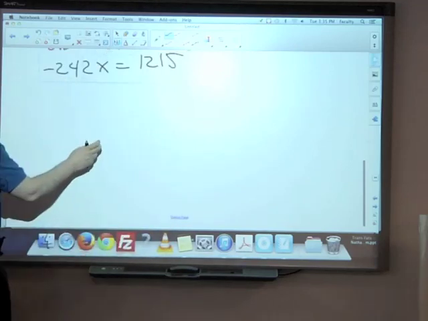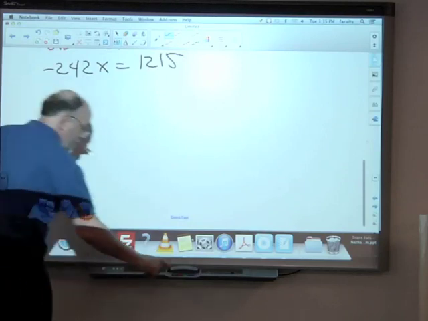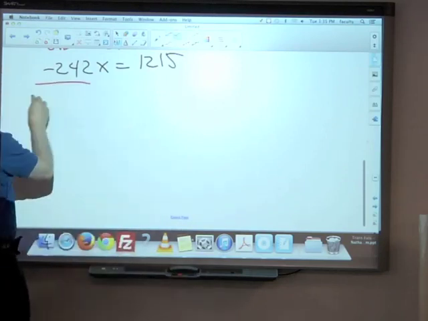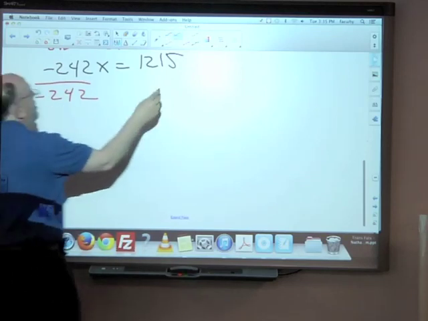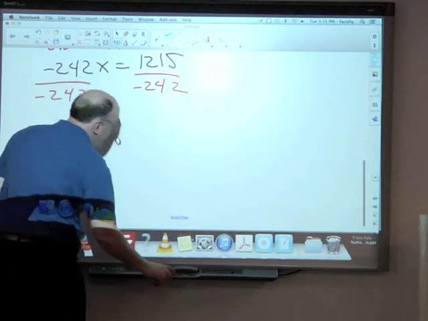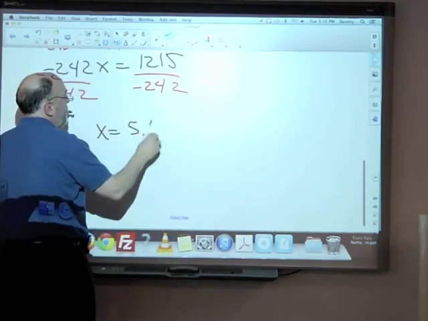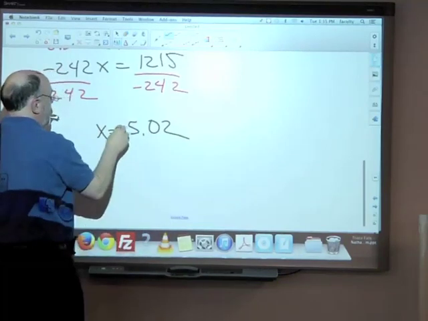Last step: 1215 divided by negative 242. Divide by a minus 242. And we get that x will be negative 5.02. 5.02, 06611. And that's a negative, right? Yep.